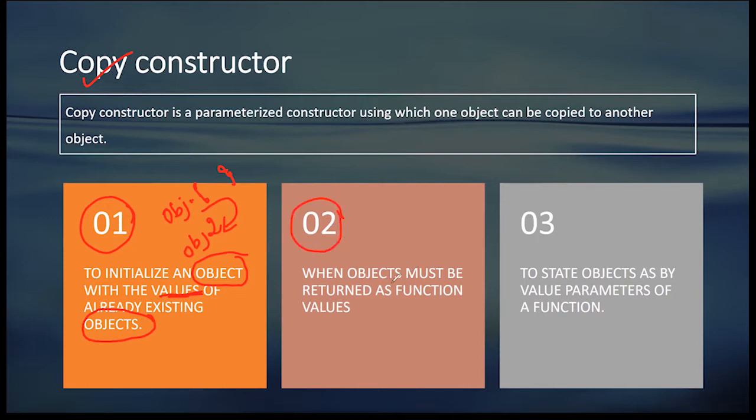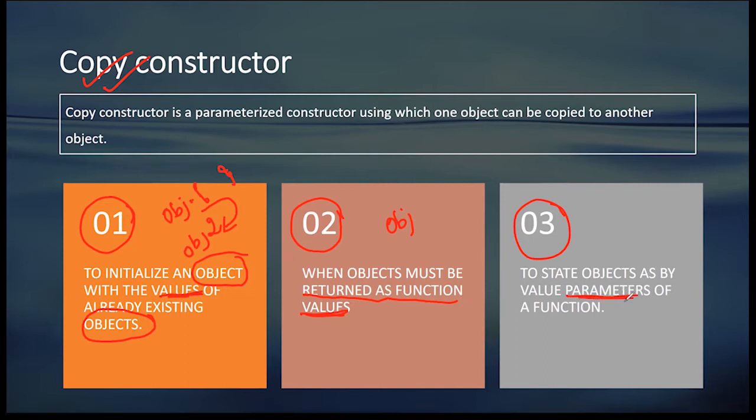Second situation where we can use a copy constructor is when objects must be returned as function value. Whenever we are returning after the calculation, if I am returning an object, in such case also a copy constructor is very useful. The third situation is to send an object by value.